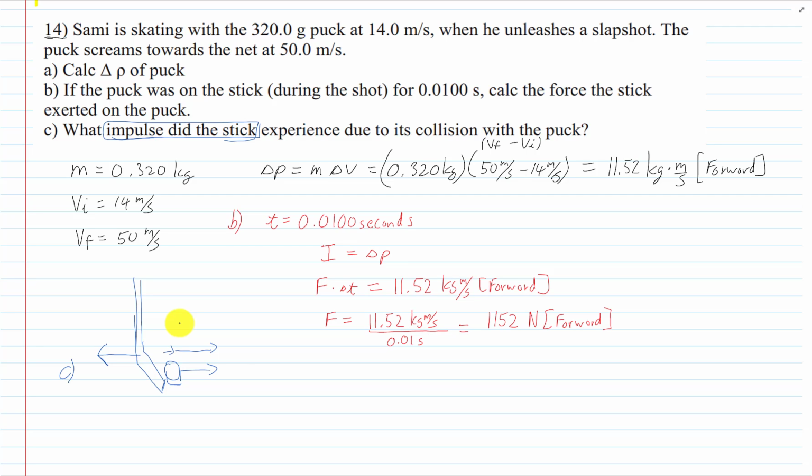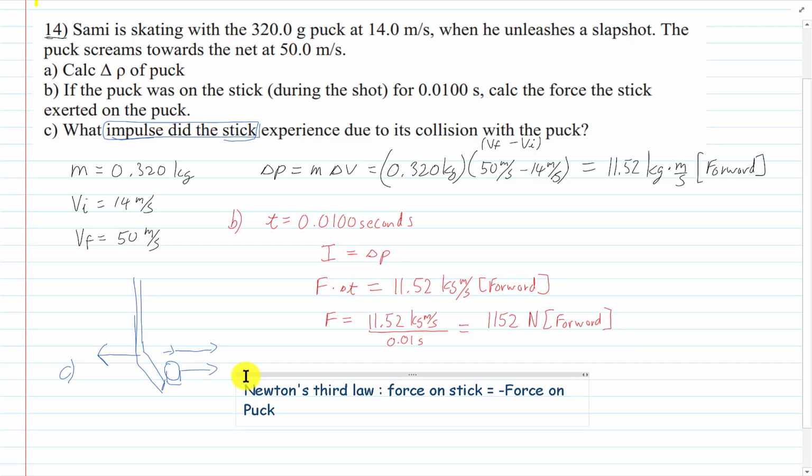So we could just say, from Newton's third law, force on stick equals negative force on puck.